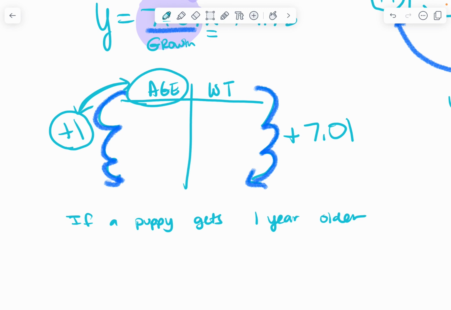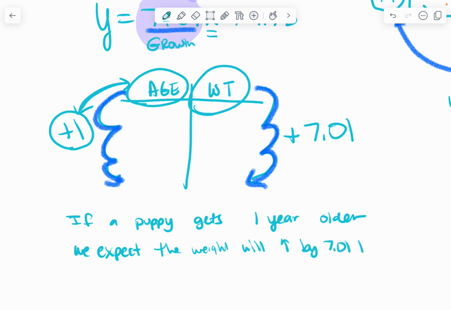If the age of a puppy goes up by 1, which is a really weird way of saying the puppy gets a year older, then the weight will respond, because age and weight are related. If a puppy gets 1 year older, we predict that the weight will increase by 7.01 pounds.